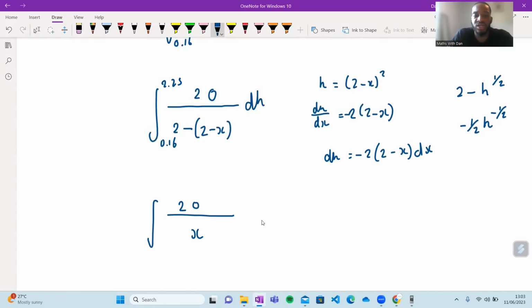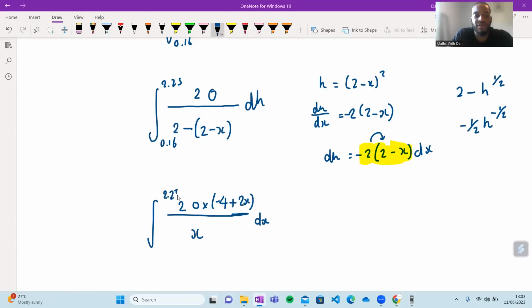I've got the dx here, and this part I'm just going to put on the numerator. So it's just going to be times by that minus, I'll expand it now. That will become a minus 4, and that will be a plus 2x, isn't it? 2x here. Does that make sense?